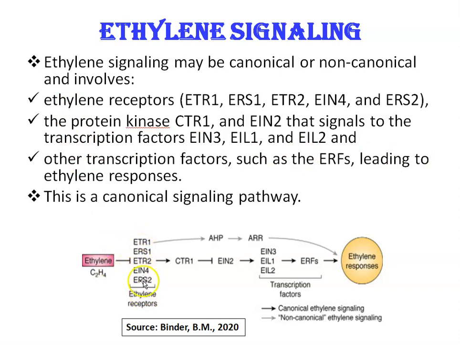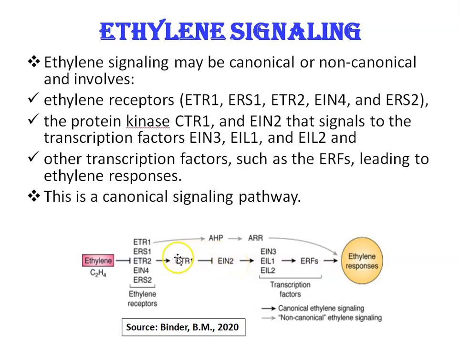These are ethylene receptors: ETR1, ERS1, ETR2, EIN4, and ERS2. Now we have discussed these, right? Then second, protein kinases, CTR1 and EIN2. These are protein kinases.